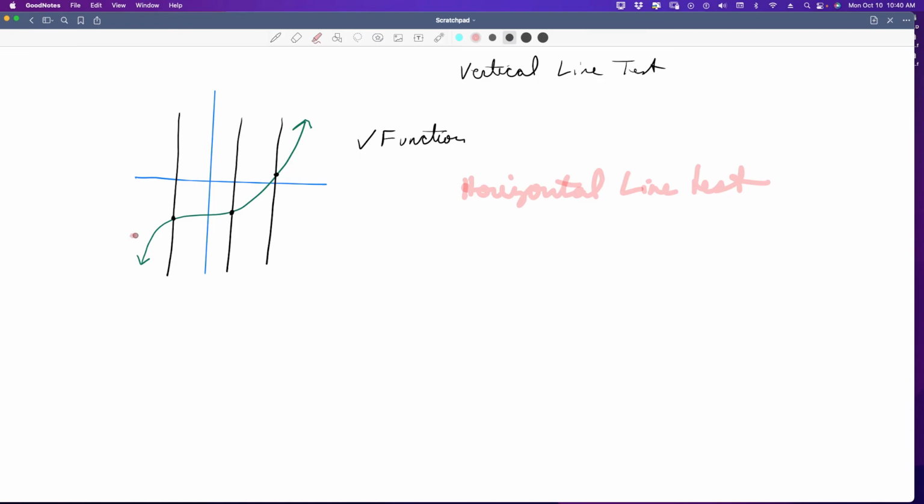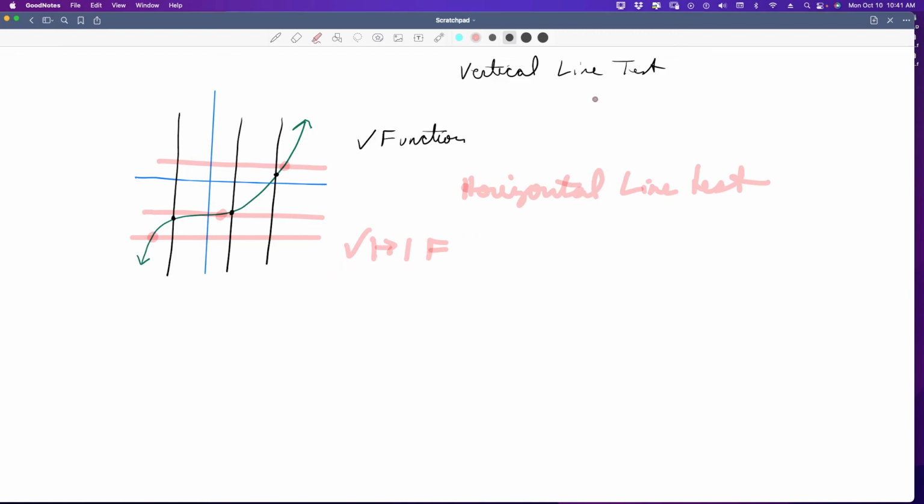So the horizontal line, I'm going to draw this way, parallel to the x-axis, hopefully. And as long as every place I draw that line, there's only one point where it crosses, then it is a one-to-one function. So that is a check for that.